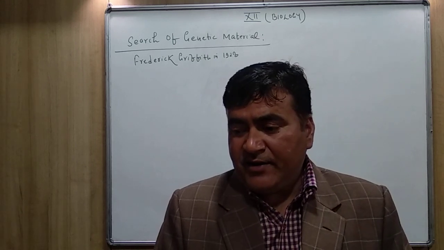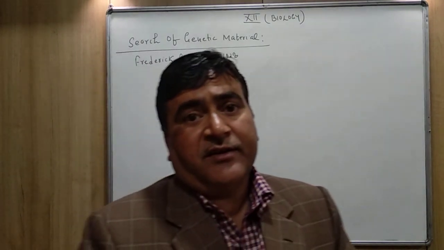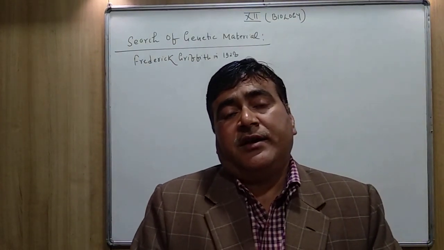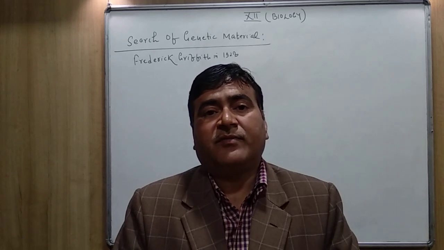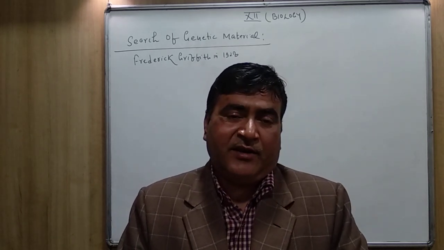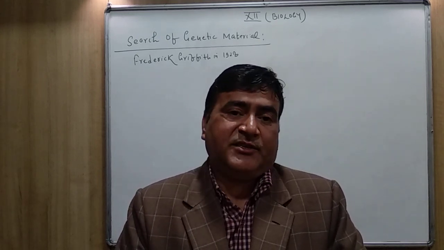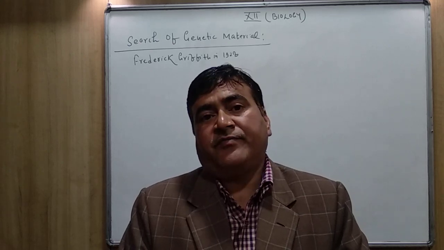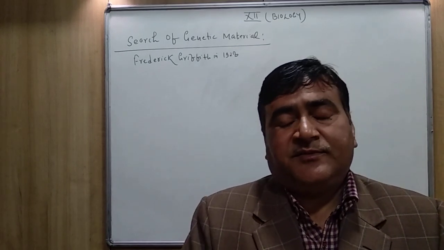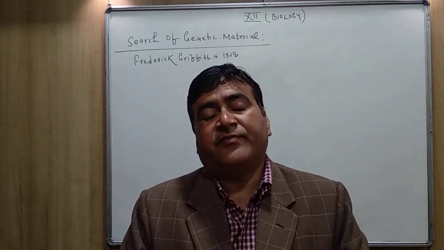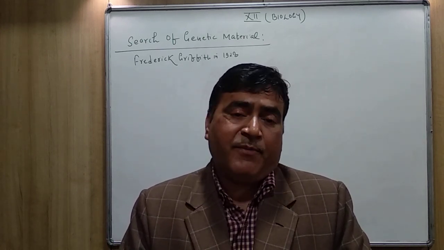But in 1928, Frederick Griffith conducted a series of experiments, and his experiment was restudied and carried forward by some other scientists, and finally it was known that DNA is the genetic material. So especially we will discuss today the experiment of Griffith.